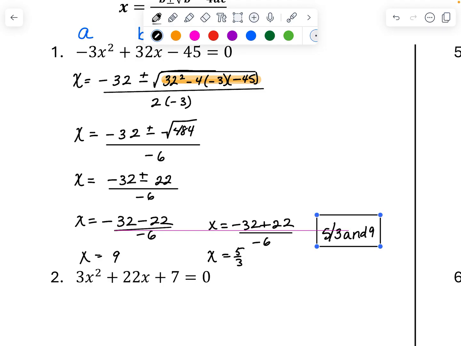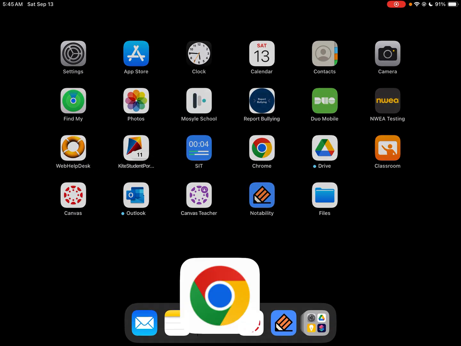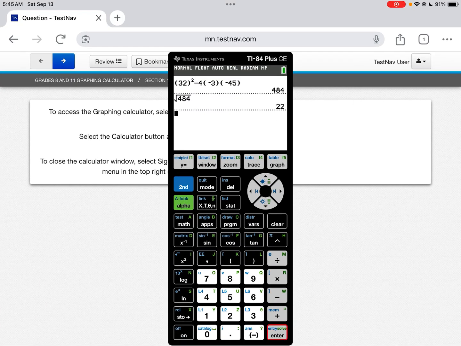That's what we would put in Canvas. And let's see if it fits. 5/3 and 9. Let's go back to our calculator. 5/3. So that would be negative 3 times 5/3 squared plus 32 times 5/3 minus 45 should equal 0.